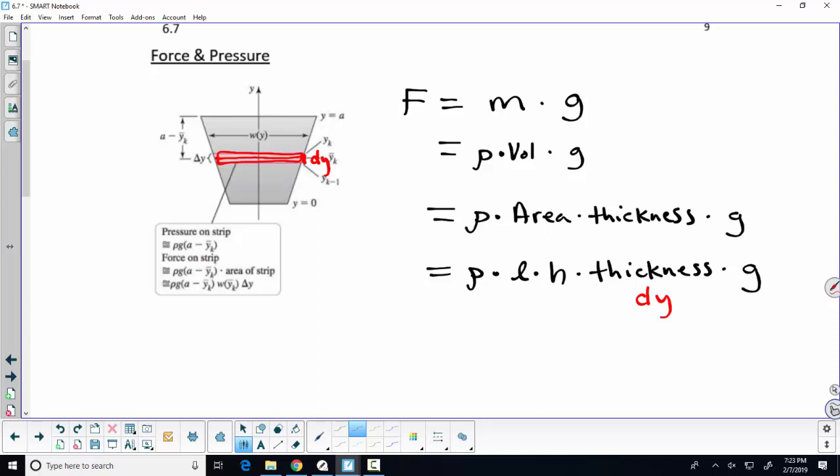We go from this y value to the top. So if this is h, well, they're actually calling it a, and then it's a minus y. Just to keep the notation and formulas consistent, we'll just call that h minus y.